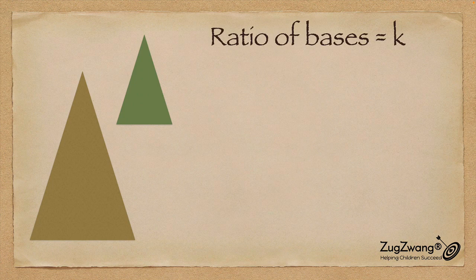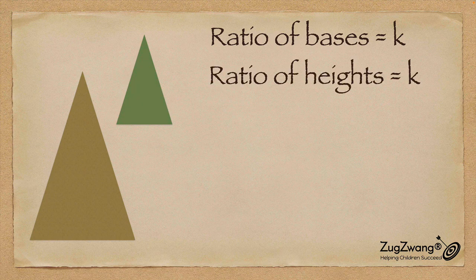These two triangles have a ratio of k, which means if you take the larger triangle and say the base is capital B, then the smaller one is capital B divided by k, or if the smaller one is small b, then the larger one is kb. The ratio of the heights would also be similar, because similar triangles have the same ratio for every linear side, whether it's the height or the side.